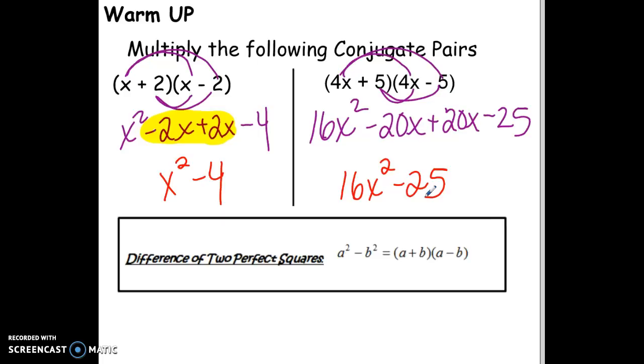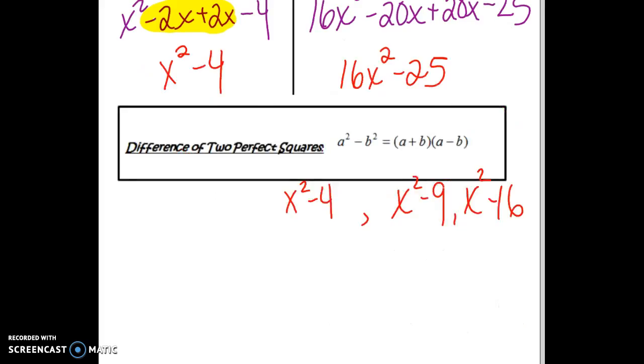So we're going to talk about how do you factor something that's x squared minus 4, something that looks like x squared minus 9, x squared minus 16. Okay, do you notice the pattern that I'm doing with those expressions? 4, 9, 16.